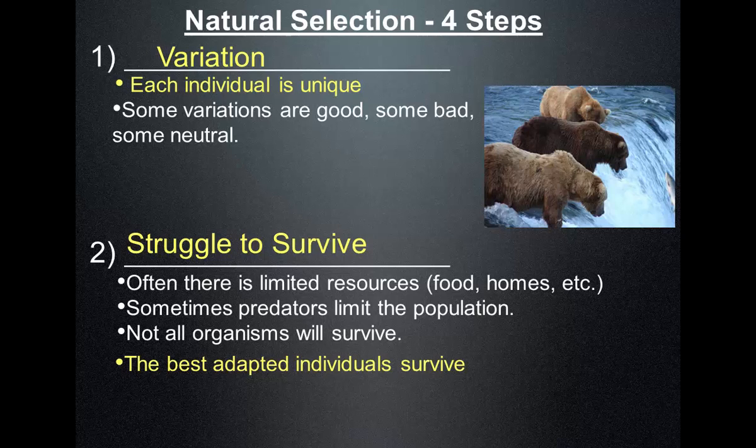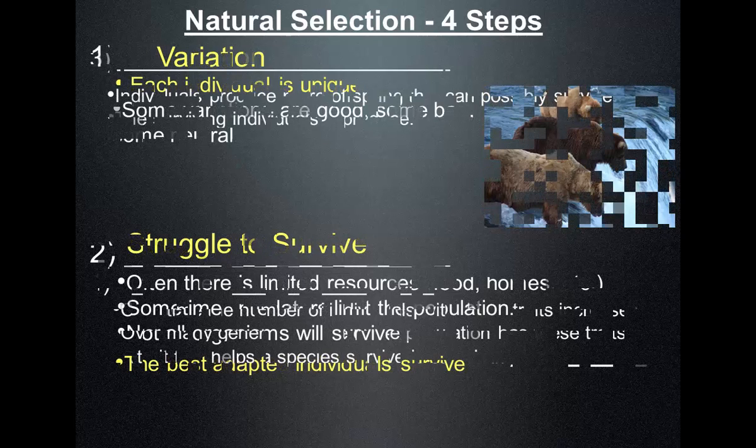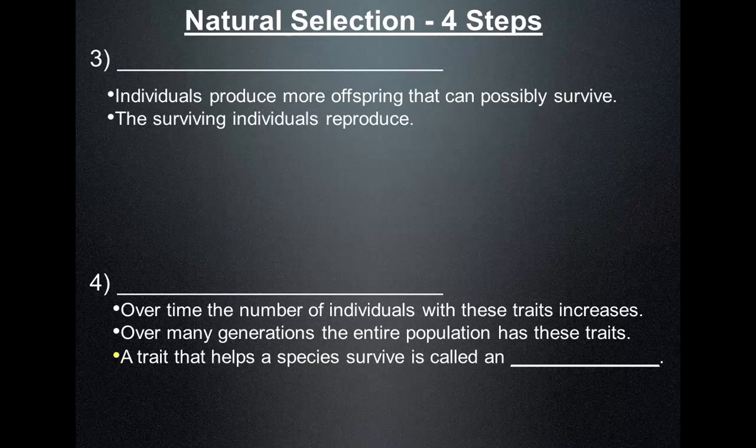It depends on the situation, on where they live and what the resources are. But they're not all going to survive. The ones that survive are those that are best adapted. They happen to be born with the traits that are helpful, and if they survive, they're more likely to reproduce.